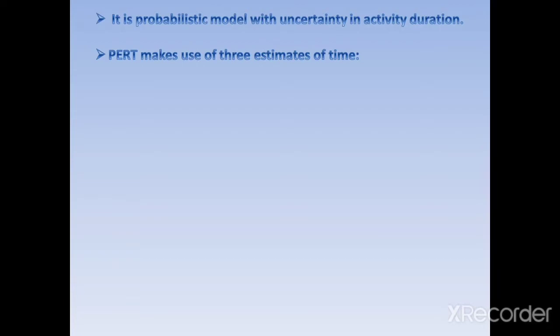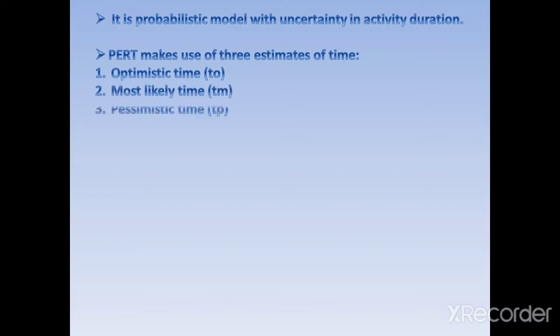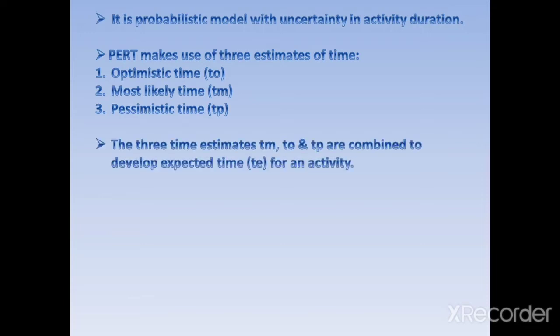That's why we estimate three times in the case of PERT: the optimistic time, TO, the most likely time, TM, and the pessimistic time, TP. We consider all these three times to calculate the actual, or probable, time, which is called the expected time.